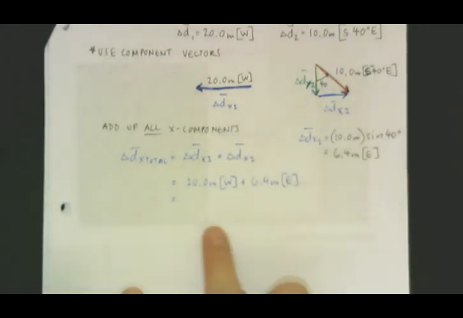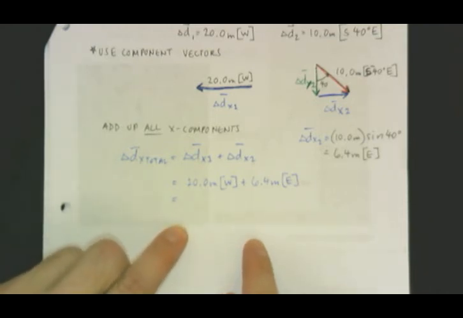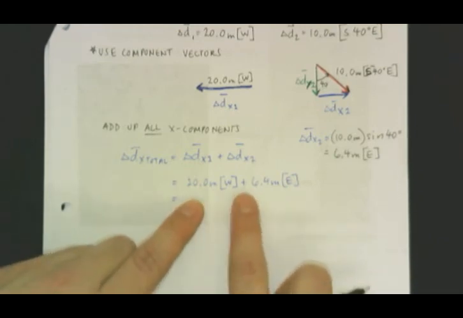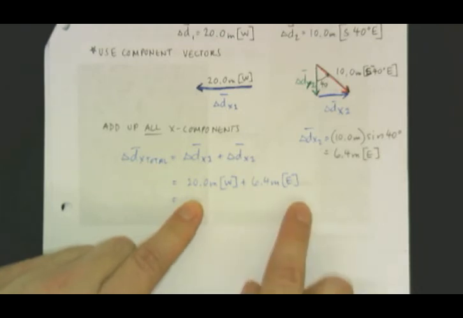Can we add these two algebraically? Are they collinear? Are west and east along the same straight line? Yes. What must we do before we do that? Express them both in the same direction. So in order to do so, we're going to rewrite these so they're in the same direction. If I change this to east, I won't end up with a negative number.